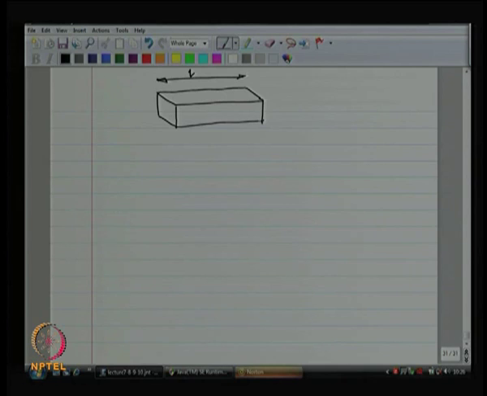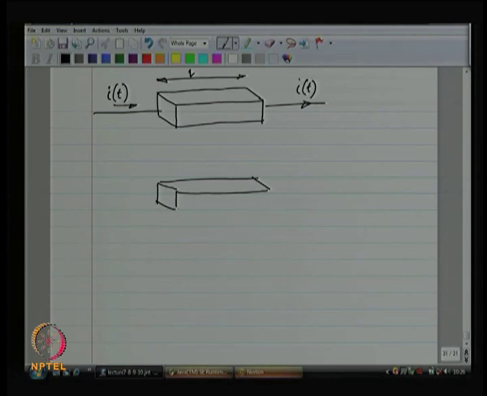So, let us say I have a wire carrying a current I of t, and of course, if you have a current going, the current has to come back, and there is a return path of the wire, which is basically the mirror image of the wire on the ground plane. Something like this.